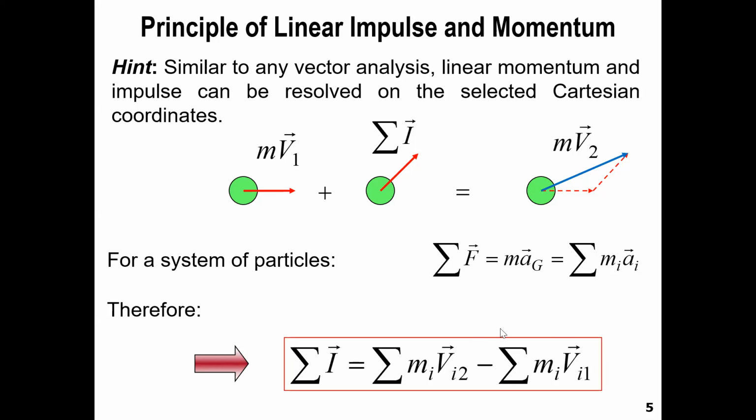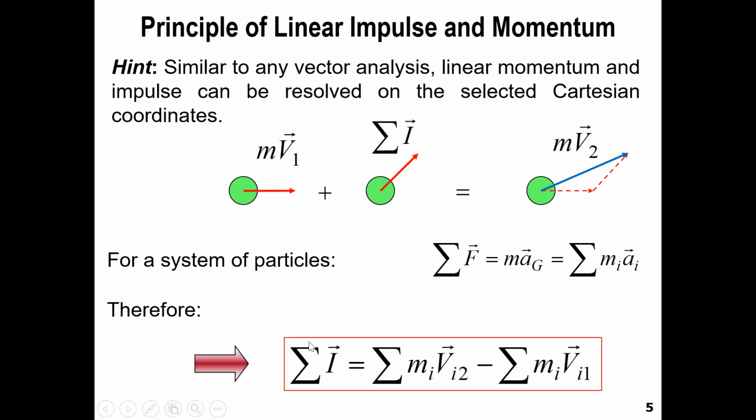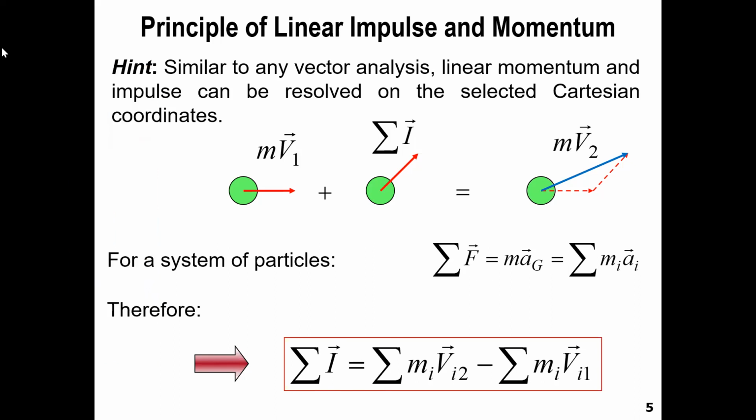So what happens if there is no external force? If there's no external force, or the summation of external forces that create impulse is 0, what happens in that equation? Look at here.